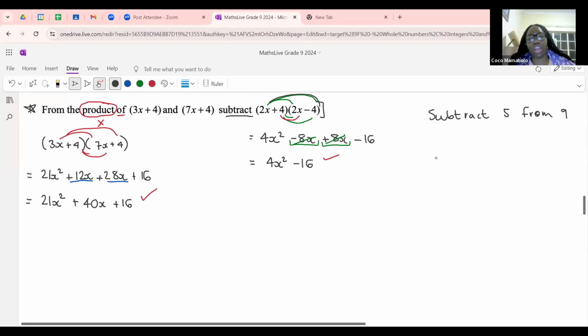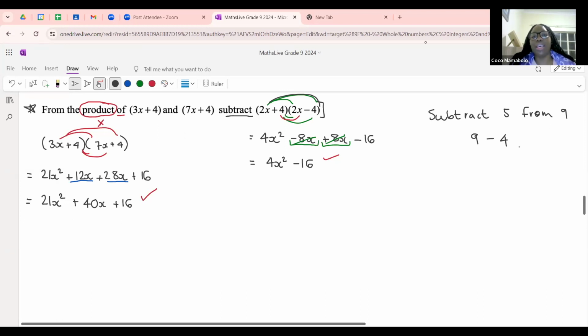What am I actually asking you to do? I'm asking you to take 5 out of 9. So my subtraction actually looks like 9 minus 5. Okay. Correct, yes, that's it. It means 9 minus 5.